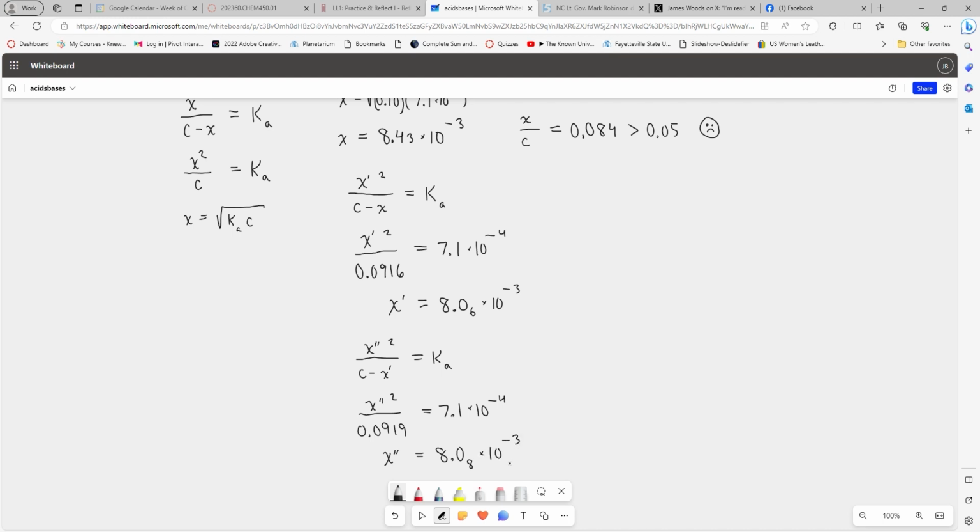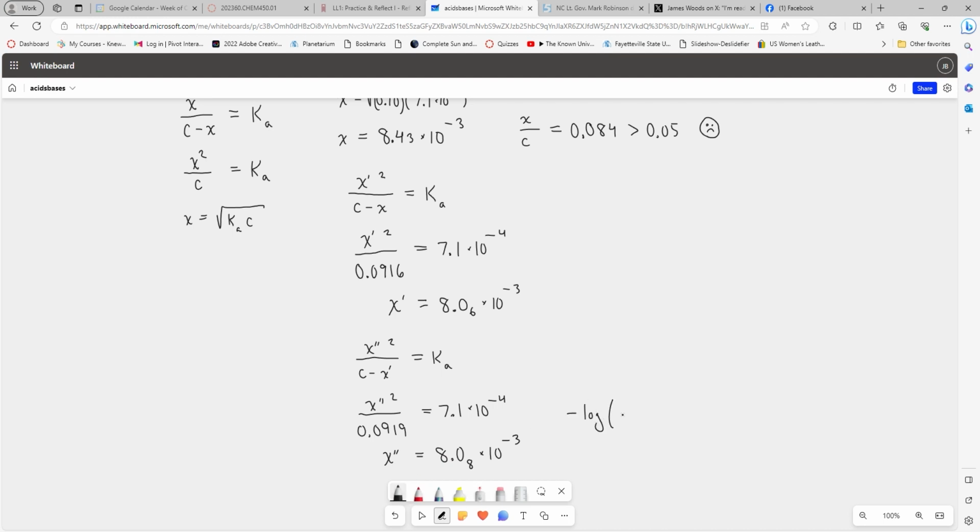So that did not change in the second significant figure. It changed with the third, but that doesn't matter. We only need two significant figures in the result, because the concentration and the Ka only had two significant figures.